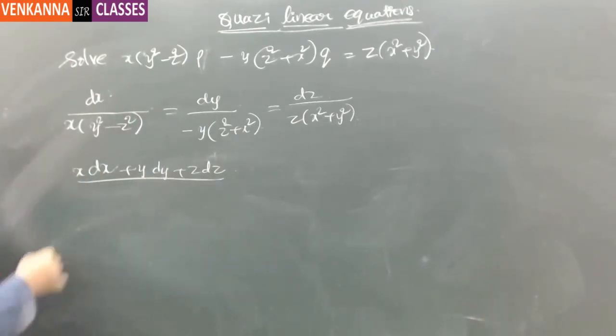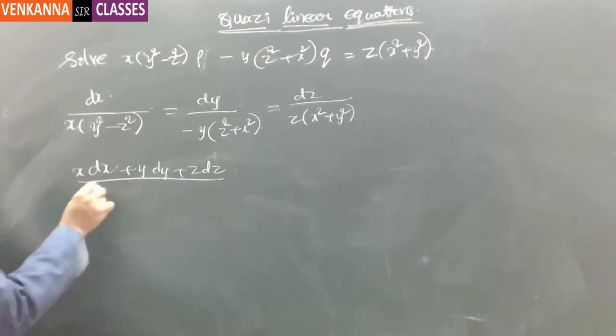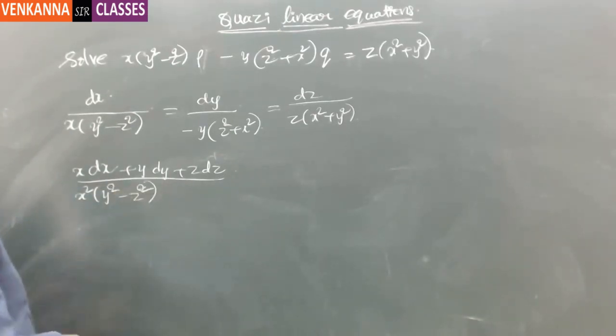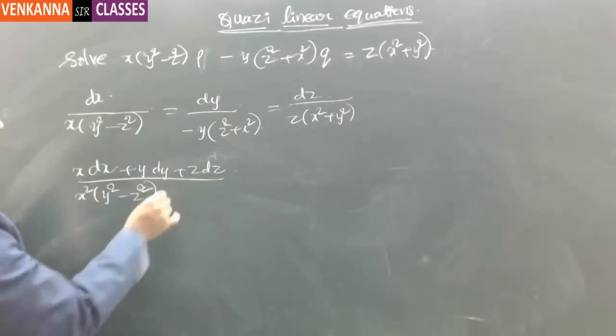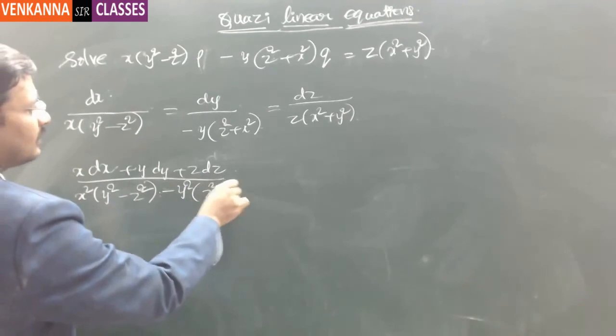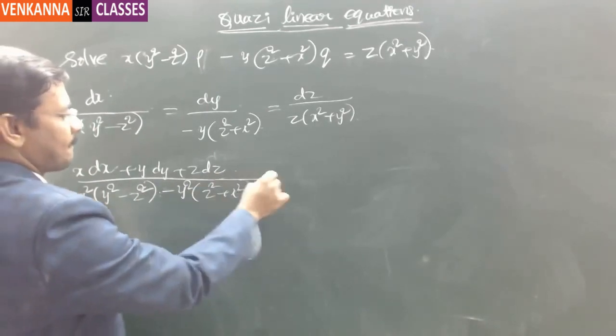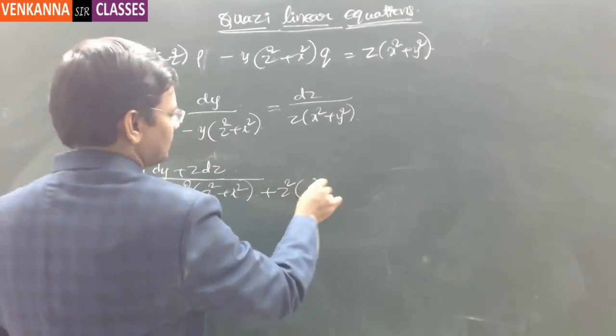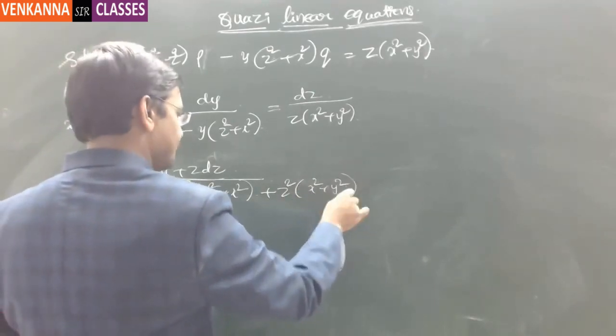Now if we add these together, this is x square into y square minus z square, and then minus y square into z square plus x square, plus z square into x square plus y square.